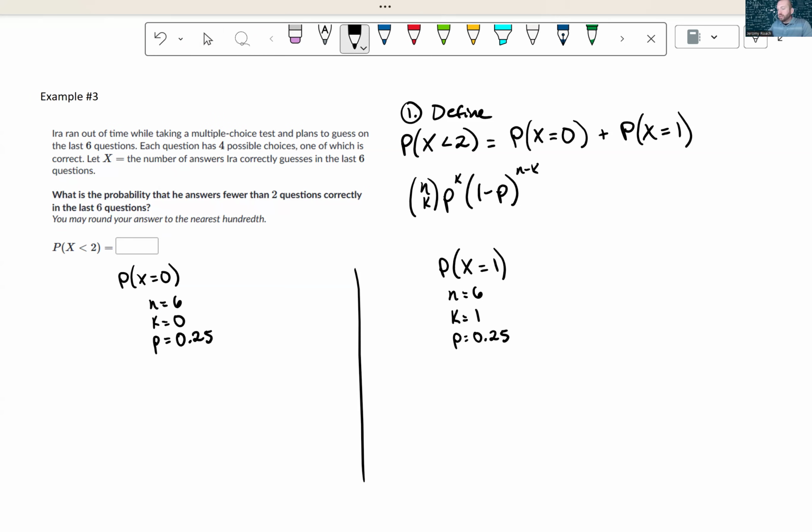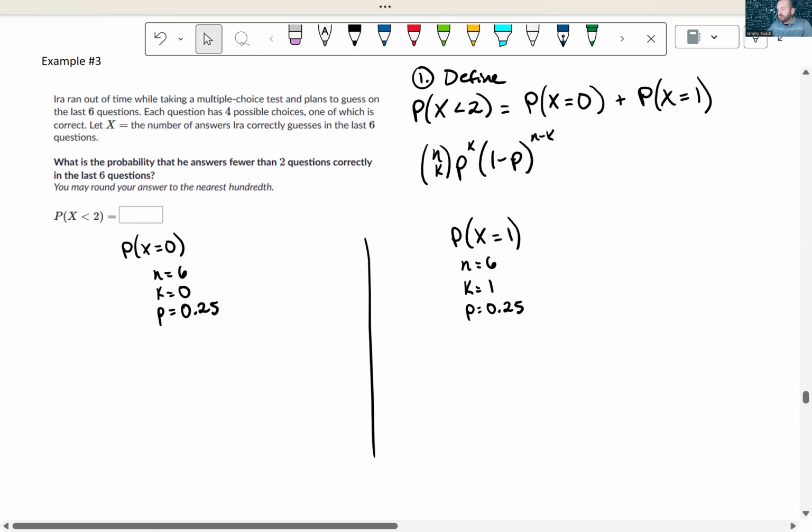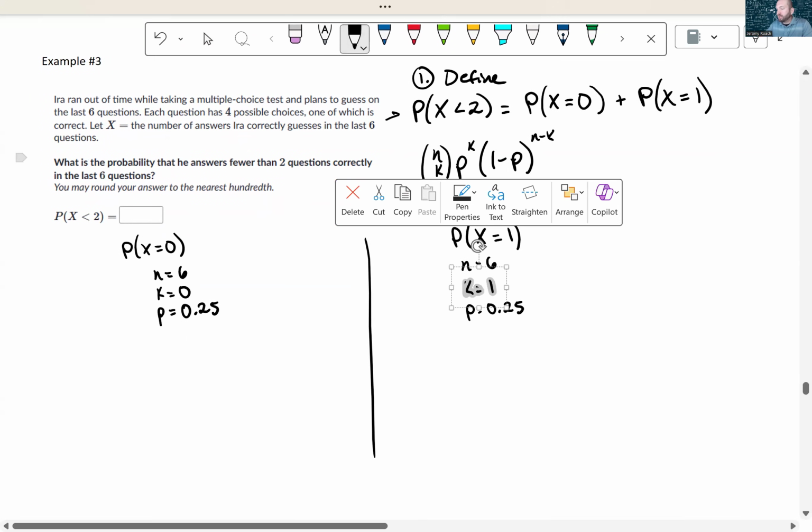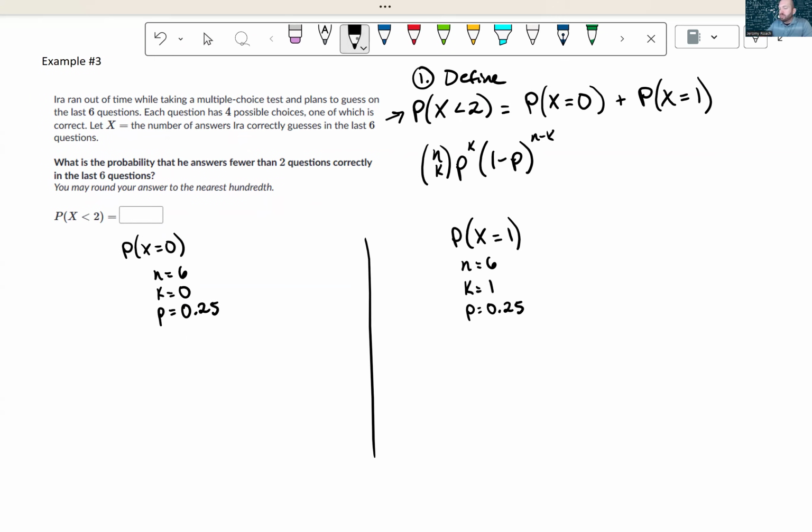Okay, so we're just going to plug in these numbers again. By now, this should probably be fairly straightforward. I think the first part is probably the toughest part of these problems. So we get 6 choose 0 times 0.25 to the 0 times 1 minus 0.25 to the 6 minus 0.